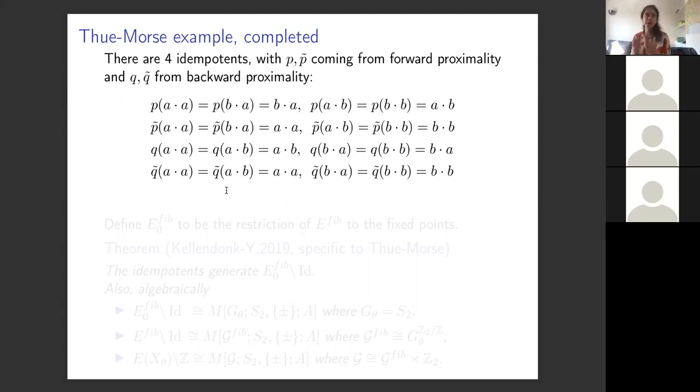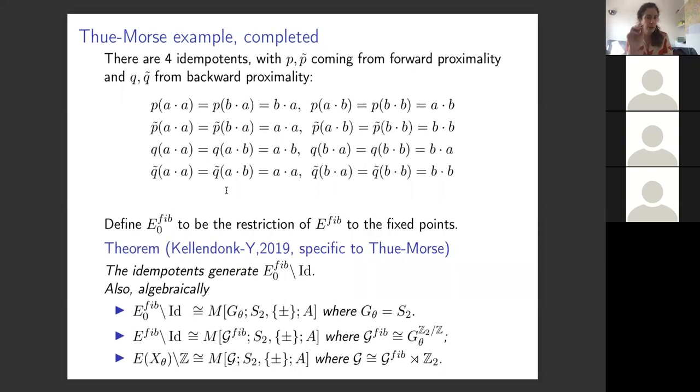So instead of looking at the fibered Ellis semigroup, the part of the Ellis semigroup which fixes fibers over ZL, actually I just have to focus on the restriction of that fibered Ellis semigroup to the fiber over 0, which is just for the fixed points, okay? So that's what we define as E naught fib.